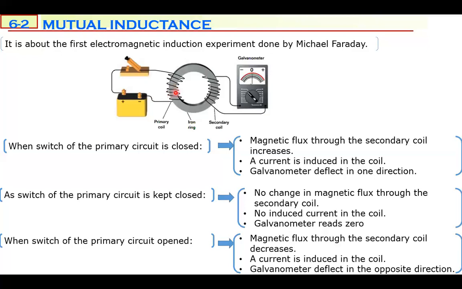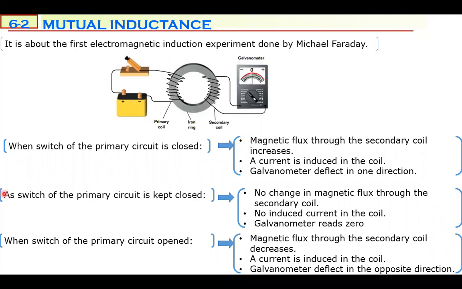This magnetic field circulates on the iron core and causes an increase in the magnetic flux for the secondary coil. Initially the magnetic flux was zero when it was open. When you make it closed, the magnetic flux in the secondary coil increases. This increasing magnetic flux induces an EMF on the coil, and the galvanometer deflects in one direction. Say that when you close it, it deflects to the right.